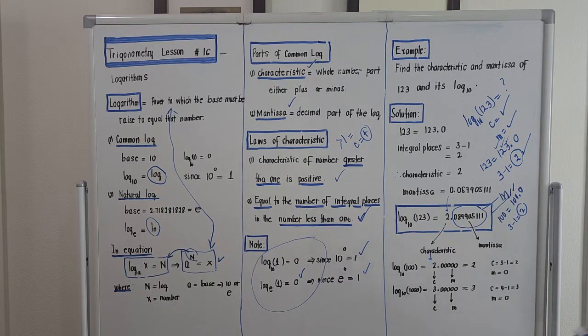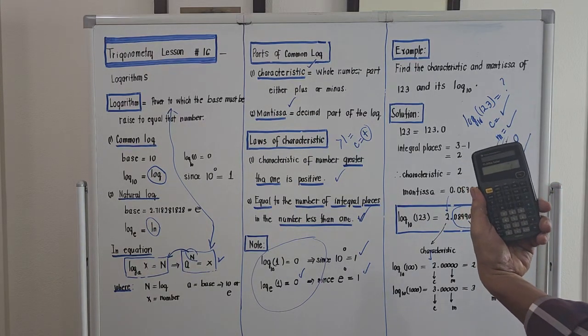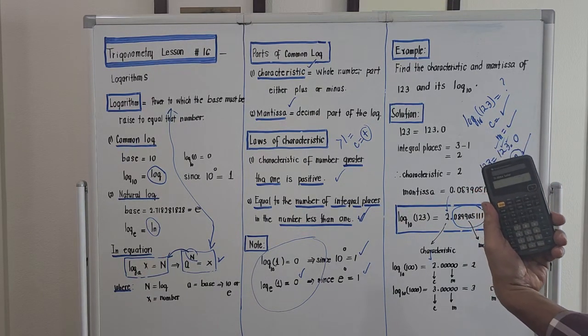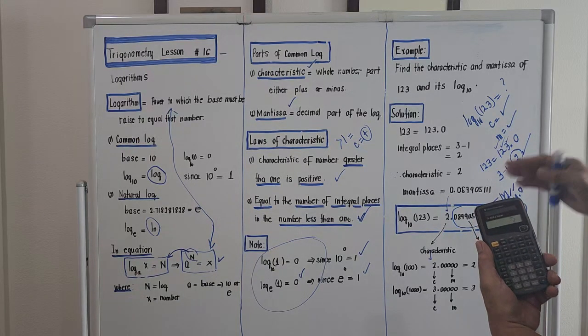And if you try to punch 100 over here, just simply 100, what comes out is just a pure characteristic, right? Meaning to say the mantissa part of the logarithm of 100 is 0.